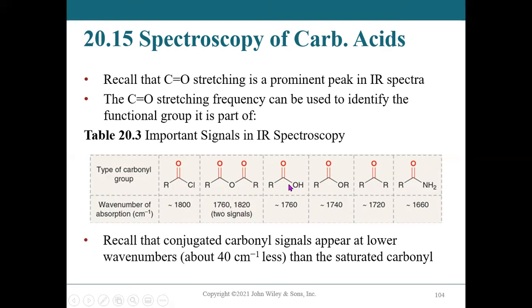Then we have this acid, and then ester, then the ketones and amide. Recall that the conjugated carbonyl signal appears at lower wave numbers, about 40 wave numbers less than the saturated carbonyl.